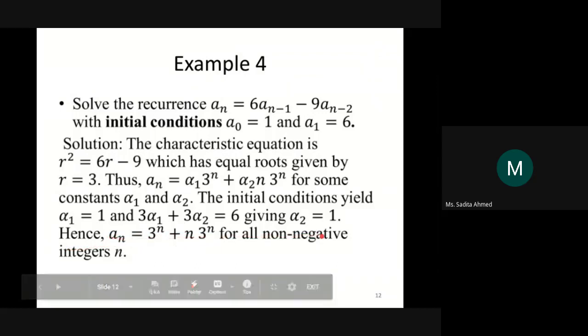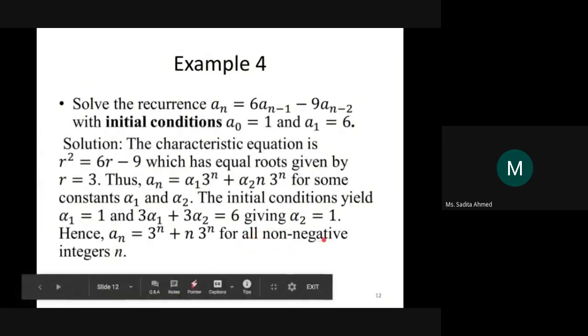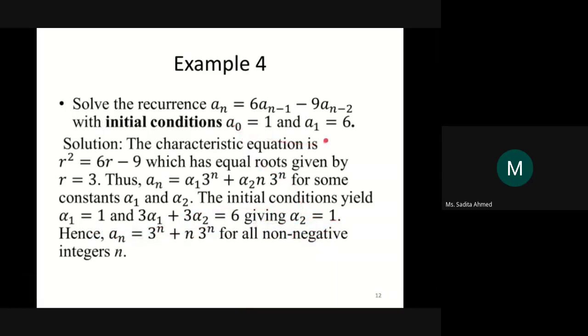Here, this equation is applicable for all non-negative integers n because the initial conditions are a0, a1. এটা থেকে আমরা কি বুঝতে পারছি? The lowest possible value of n is 0. That's why n greater than equal to 0 here as well.